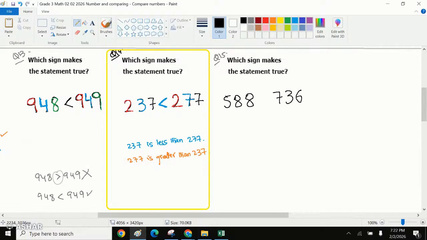So what we can see over here is the first number we have to see is, okay, can I have the answer? Nate?